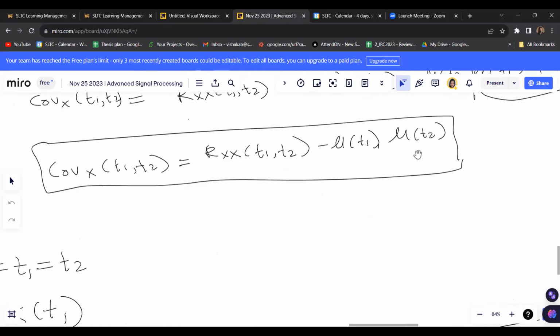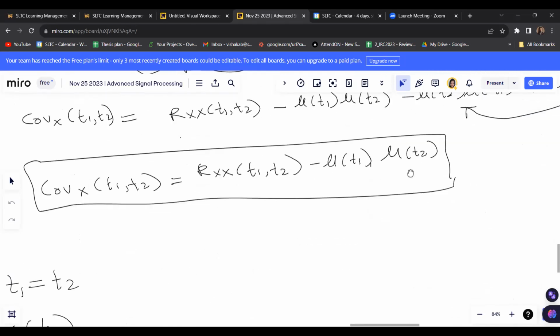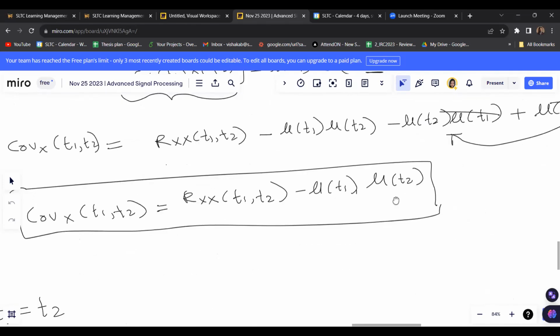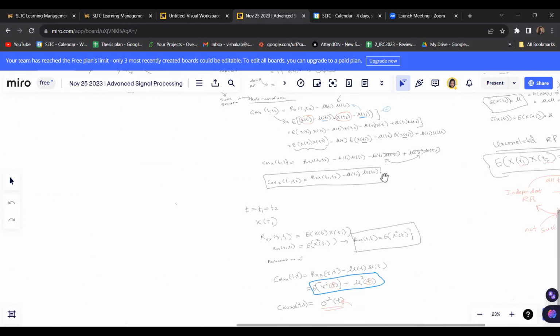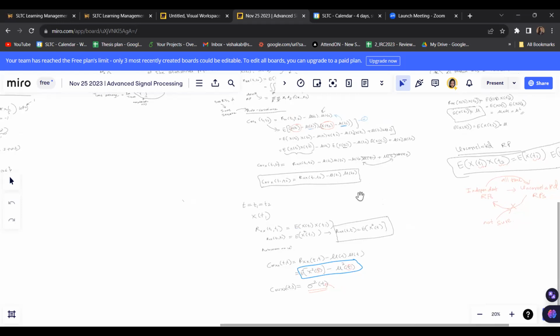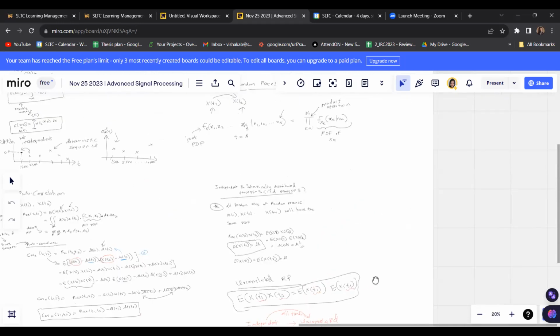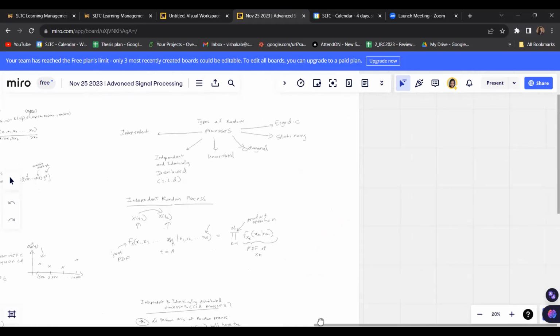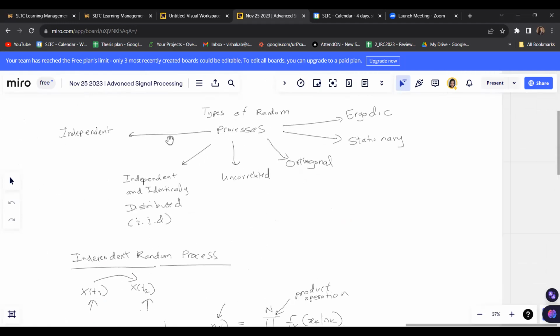Autocovariance is also an important function for finding the behavior of a random process. We learned about these statistics in the last class, and they are very important for today's class to identify the different properties and features of random processes.